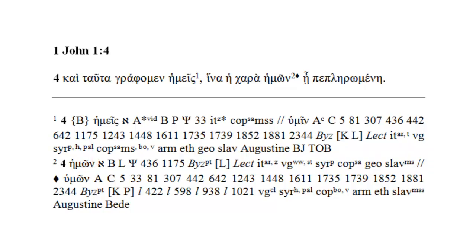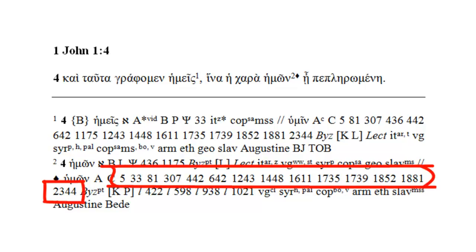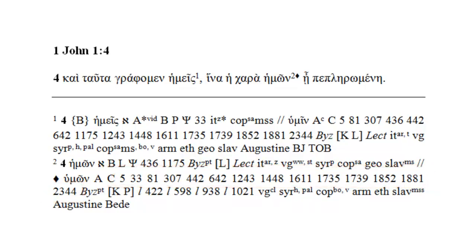The first manuscript is capital letter A, so A and C are capital letter manuscripts. Then the number 5 all the way through 2344, these are lowercase manuscripts.